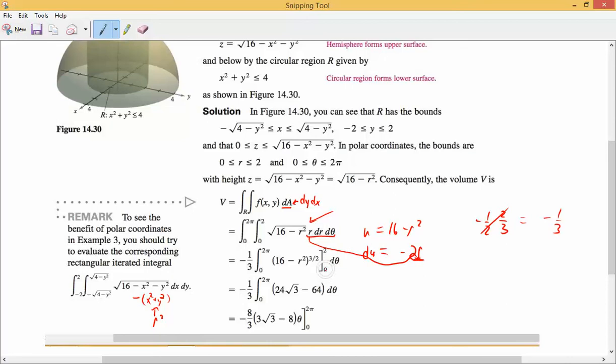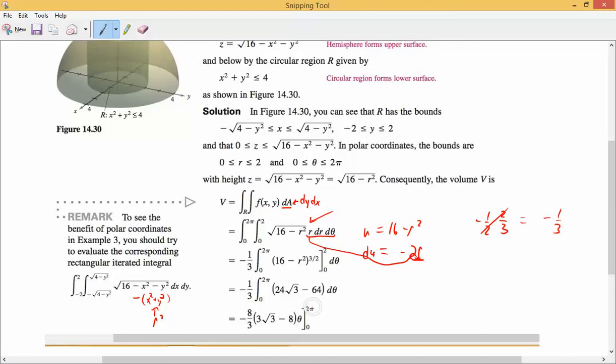And you have to plug in from 0 to 2. So they just have this big constant right here, because you're plugging in numbers for r. And then they have d theta. So the integral of a constant d theta is theta. So when you integrate here, you get theta.